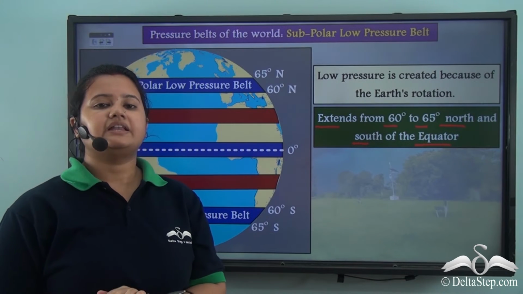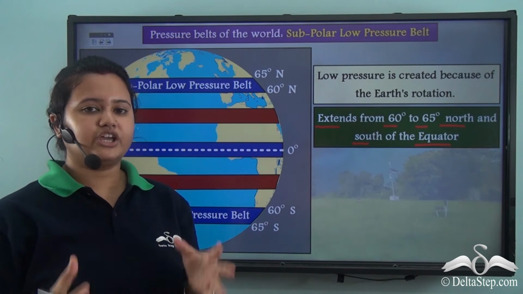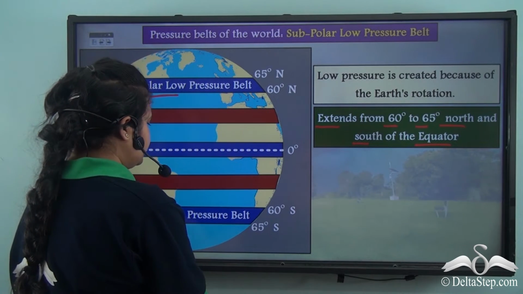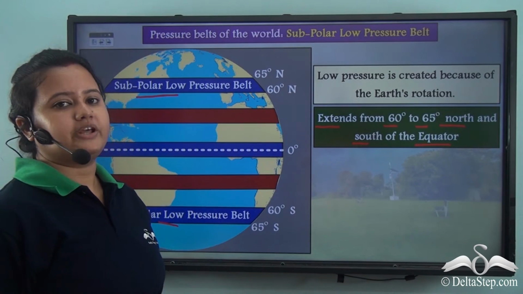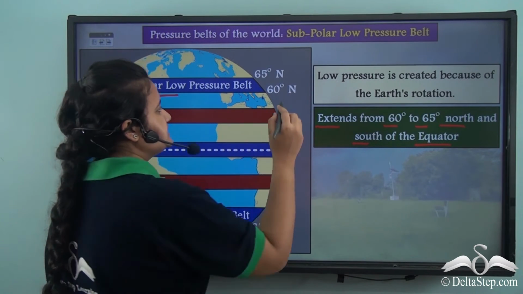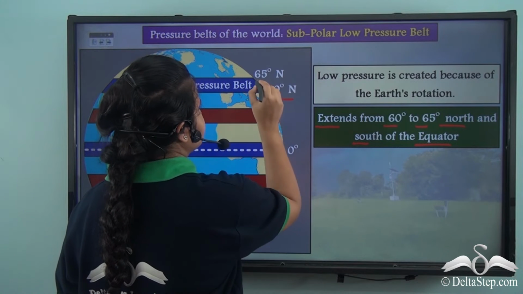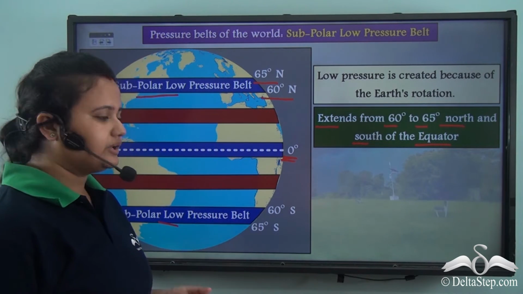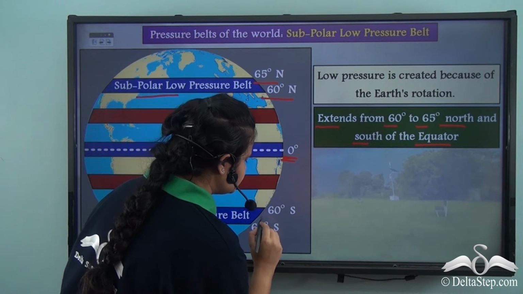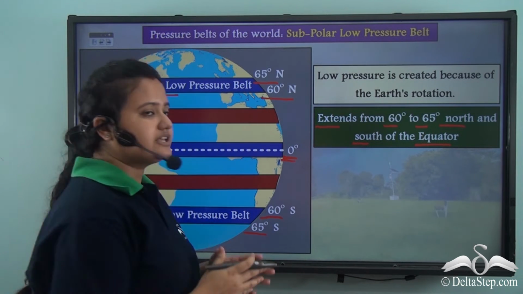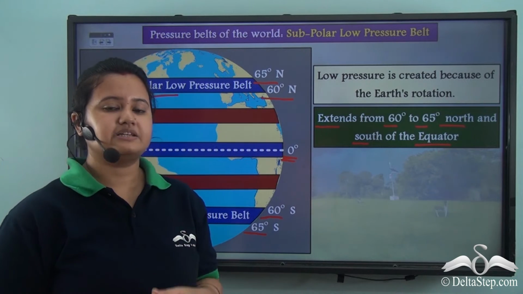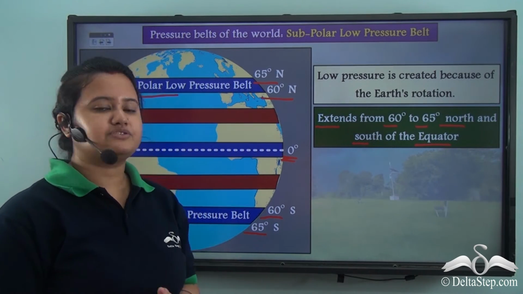Look at this globe. In this globe, we can see the location or extension of subpolar low pressure belt. Subpolar low pressure belt extends from 60 degree north to 65 degree north of the equator, and also from 60 degree south to 65 degree south of the equator. So, this subpolar low pressure belt is found in both the hemispheres.